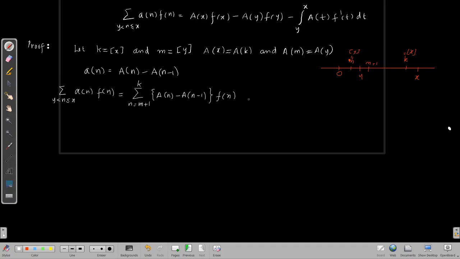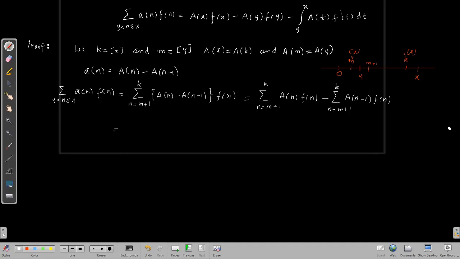By distributing this sum, we get the summation n equal to m plus 1 to k of A of n f of n, minus the summation n equal to m plus 1 to k of A of n minus 1 times f of n.